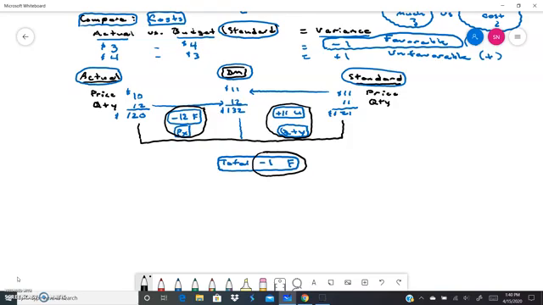They could be interrelated. For instance, in this case, perhaps some cheaper product was purchased, some inferior product was purchased, but because of that, it required more product or more of that ingredient to produce the final product.